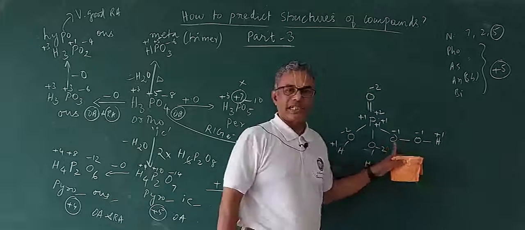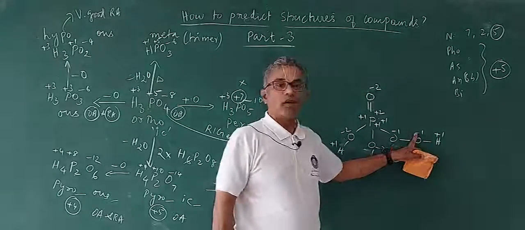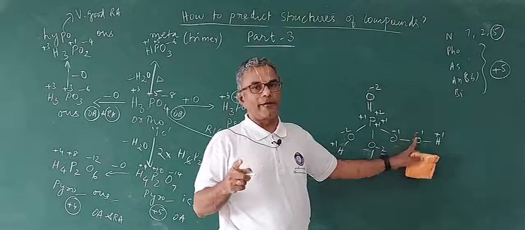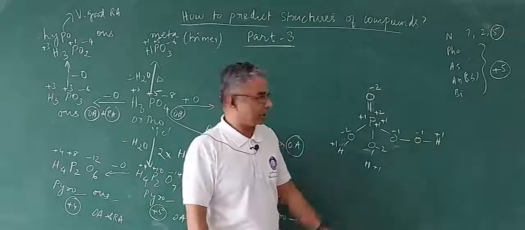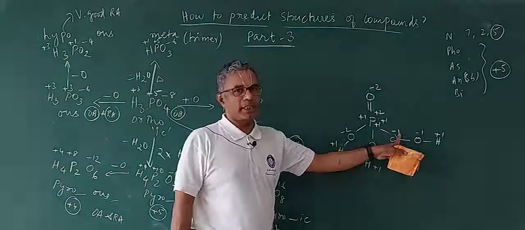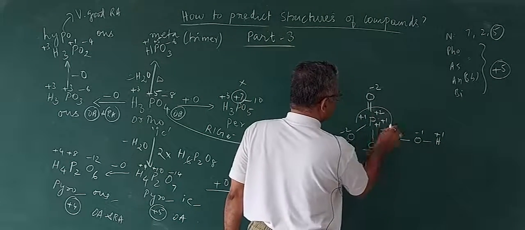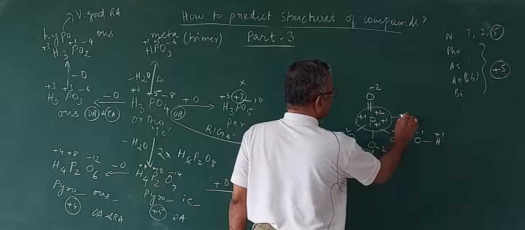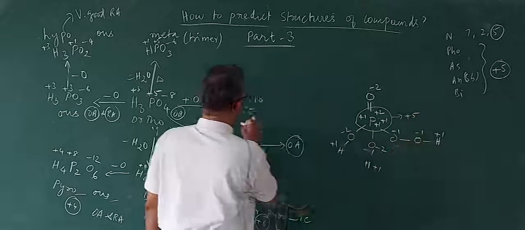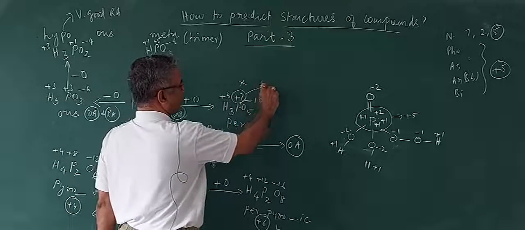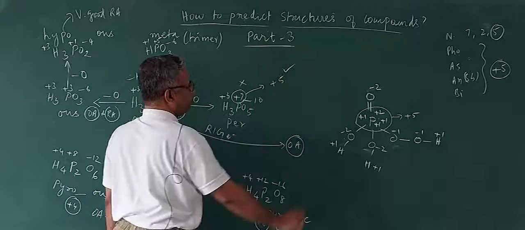Remember, in peroxy linkage, oxygen will have oxidation state of -1, but in normal conditions, oxygen will have -2 as the oxidation state. In peroxy, you will always have -1 as the oxidation state. Now you see the total oxidation number, this is +5. Therefore, oxidation state of phosphorus in perphosphoric acid is not 7, but it is +5.